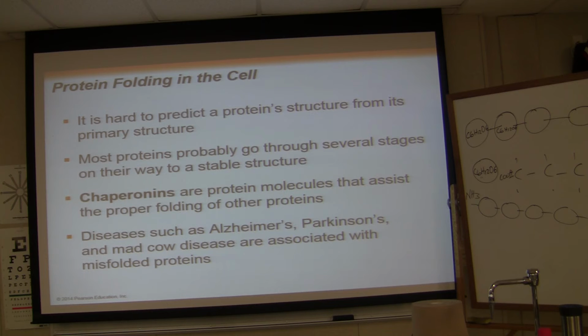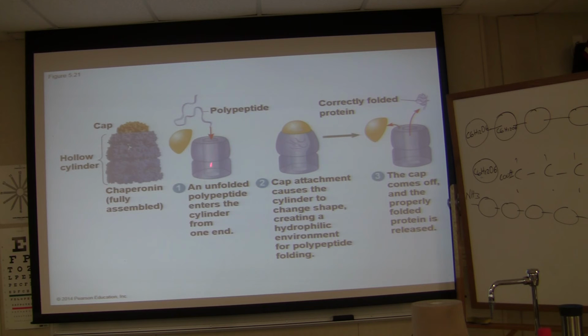So all of the proteins inside of the cell have to go to another protein to be folded. Folding by itself does not happen automatically. The primary amino acid chains go to another protein called a chaperone, and then this chaperone will fold them.